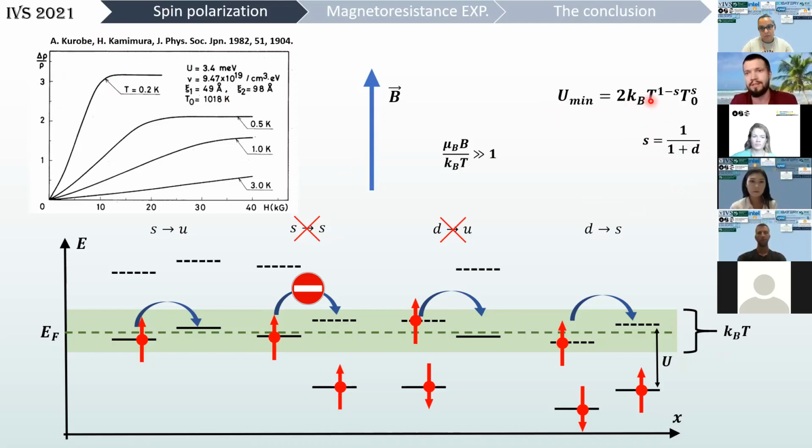Here, T is the actual temperature of the sample, and T0 is the same T0 from the Mott variable range hopping relation.